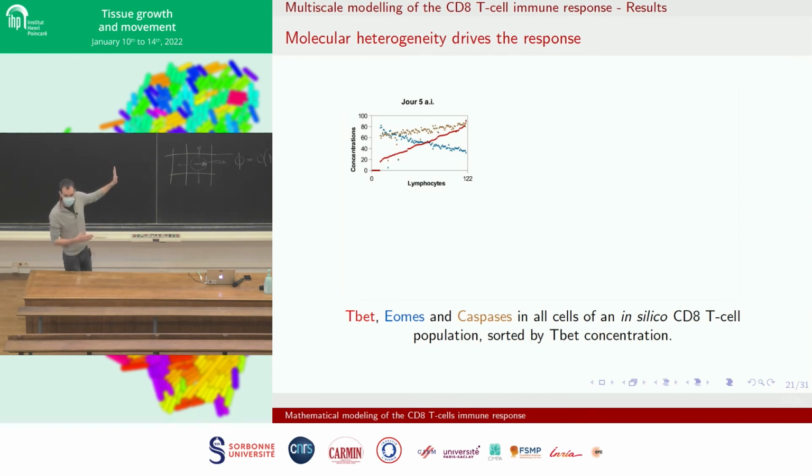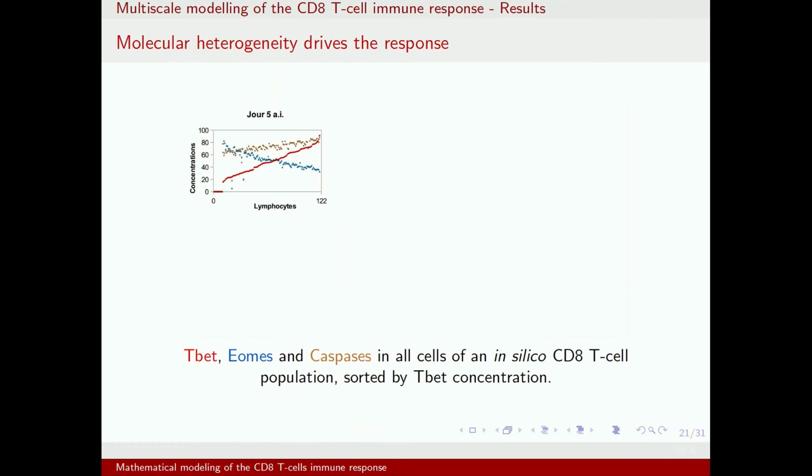Each column corresponds to 1 cell, and for each cell you can read on the y-axis the concentration of 3 proteins: protein TB8 in red, EOMES in blue, which is associated with memory, and caspases in brown, associated with cell death. Those cells are ranked from the one with the lowest concentration of TB8 to the one with the highest concentration. So what we see at day 5 is that the population is heterogeneous, but this heterogeneity seems to follow a uniform law because the concentration is like a straight line.